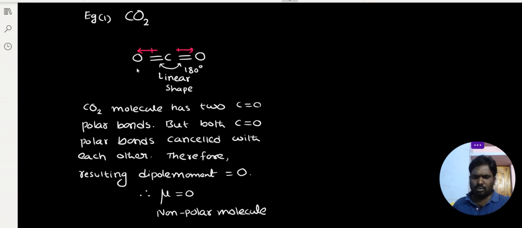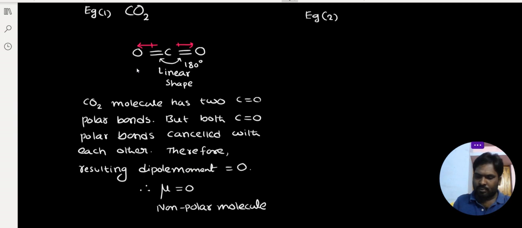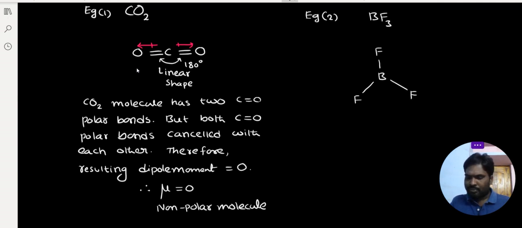Coming to example 2: boron trifluoride, BF3. What is the shape of the molecule? Trigonal planar shape.